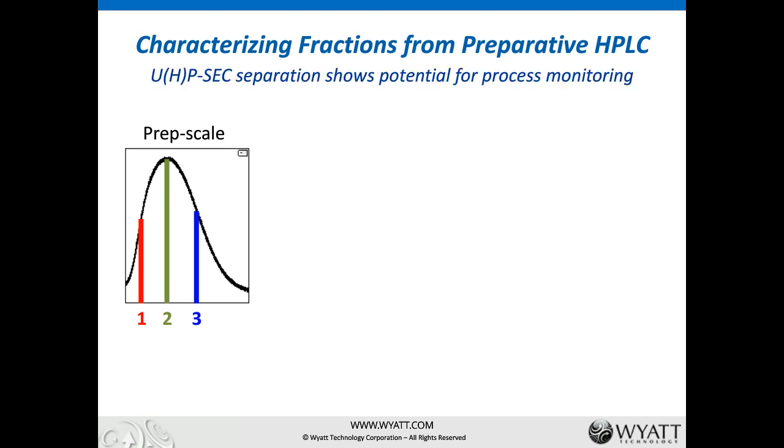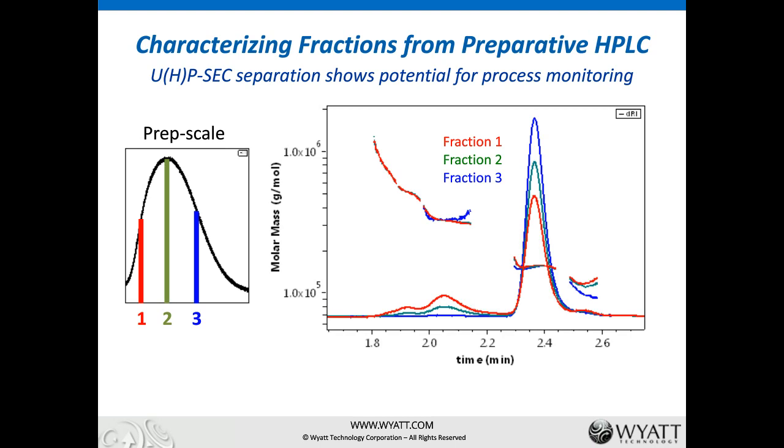Now with UHP-SEC, the separation time can be greatly reduced. Here we were able to separate all those different fractions within 3 minutes, making it possible as an online method for process monitoring. The addition of the light scattering detector can help quantify those different aggregates and fragments.